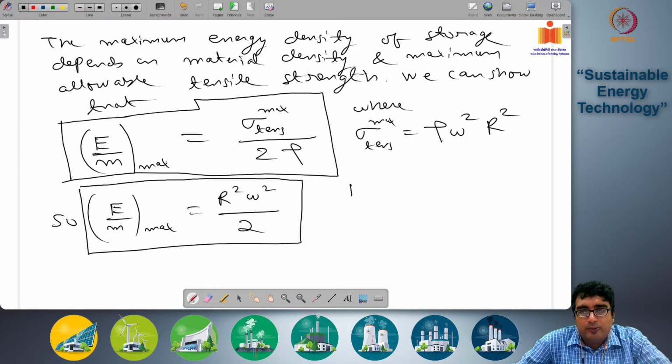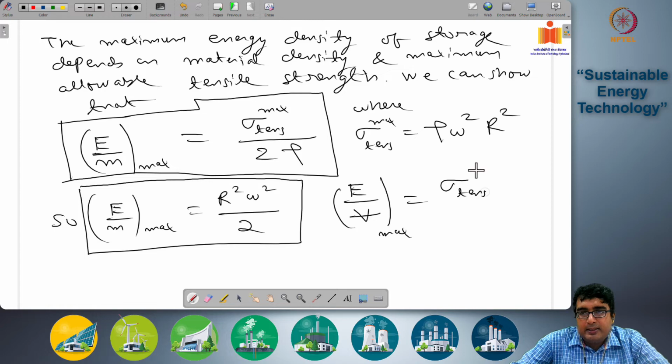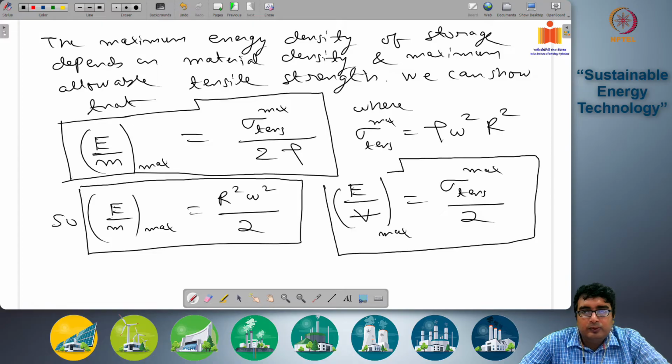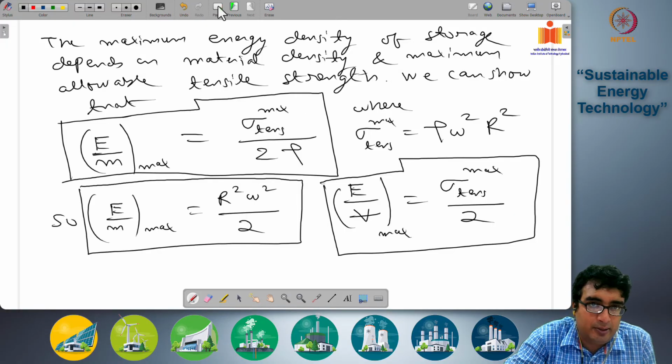Similarly, we can also show E by V max. So this is the volumetric energy density, this is specific energy, this is volumetric energy density, equal to sigma tensile max by 2. So rho omega square r square, the maximum value of this allowed, by 2. Okay. So this is the relationship of specific energy density, and this is the relationship of volumetric energy density. So based on this, then we can create a chart of the various flywheel materials and the maximum energy storage density for these materials.